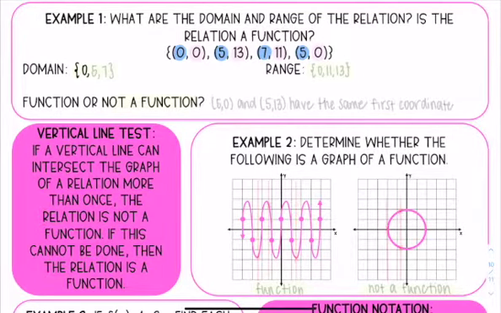So 0, 5, and 7. The range is all of the outputs or the y values. So 0, 13, 11, and 0. Again, 0 is on there twice, but we only need to write it once. So 0, 11, and 13.